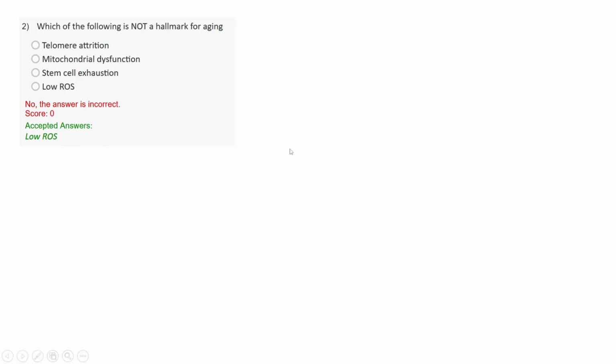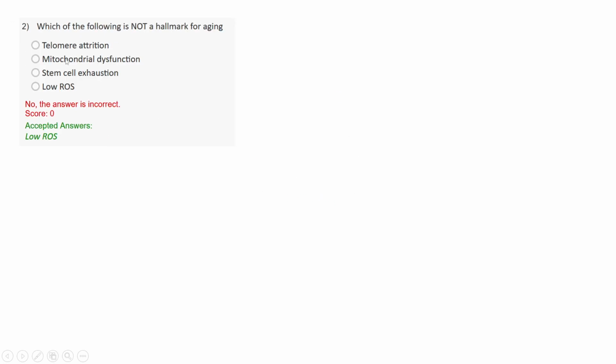Question number three, I have not included over here. It was regarding the nutrient sensing pathway in the aging process. Because I have not discussed that in this, I have not included that question.